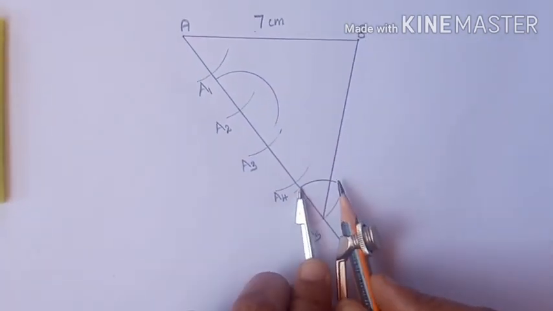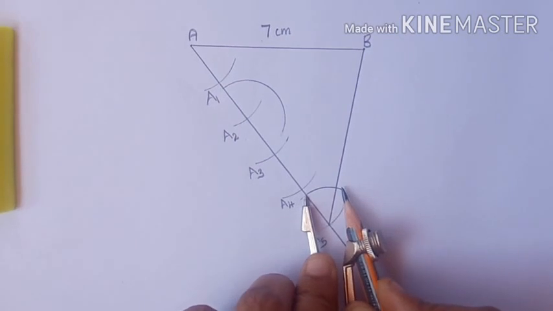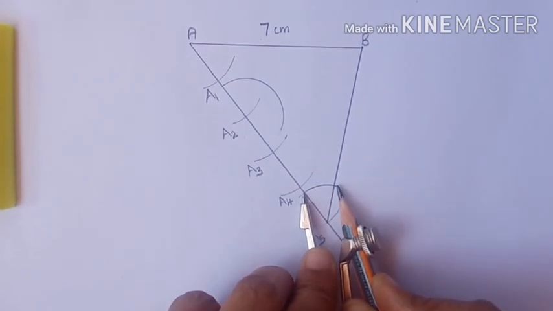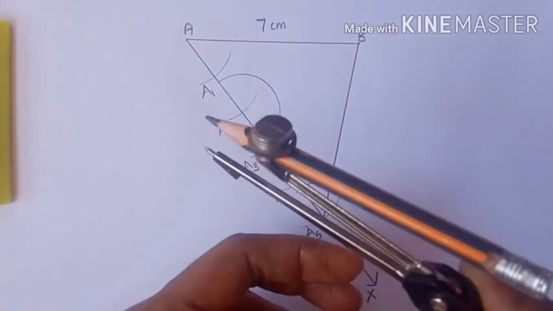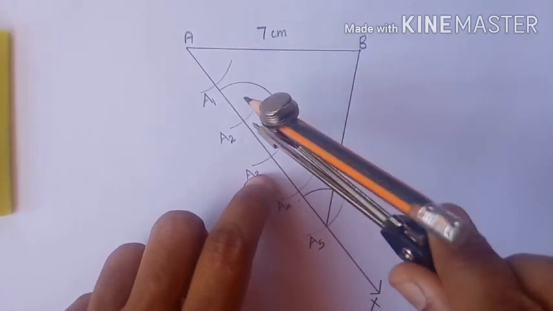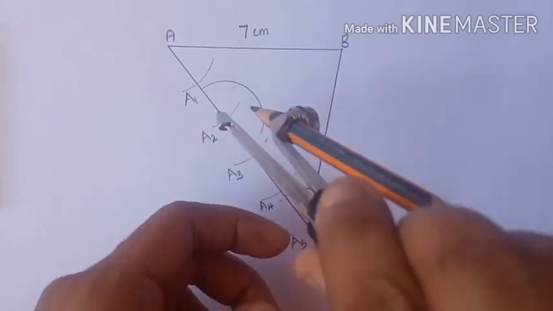Measure the length of the arc which you have drawn first. Using the same radius, cut the arc which you have drawn second.